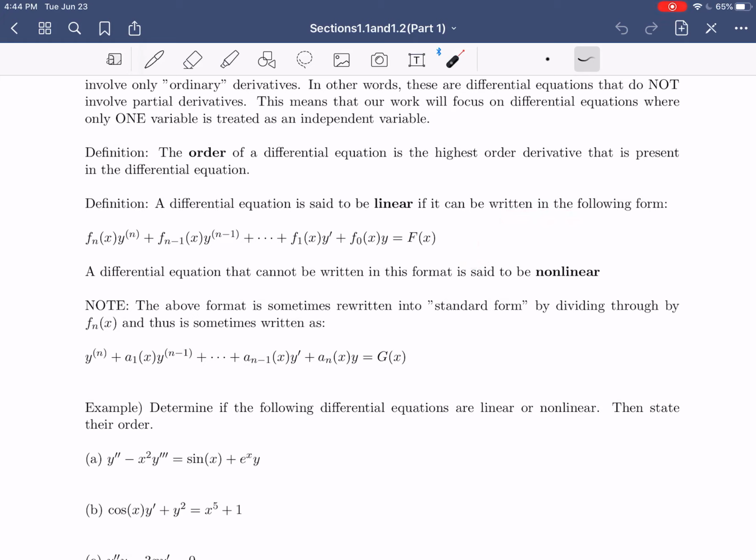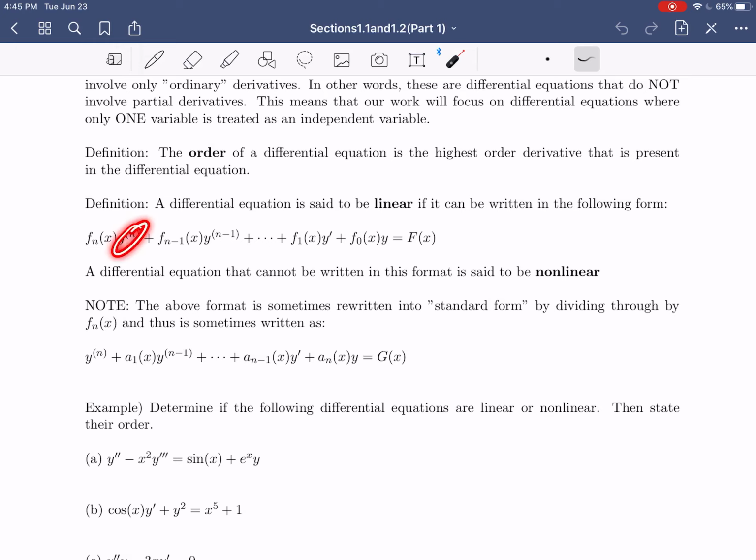So, what does it mean for a differential equation to be linear? Well, this linear format, if you look at it, basically is saying that the only functions are functions of the independent variable, in this case x. So we have this f_n of x, f_(n-1), f_1 of x, f_0 of x, etc., capital F of x.